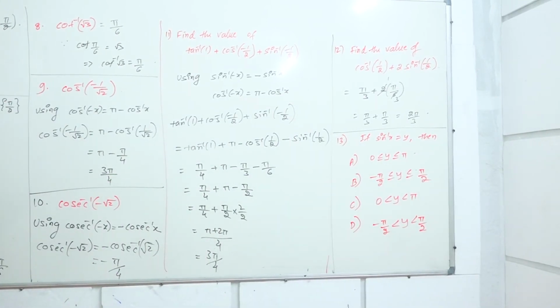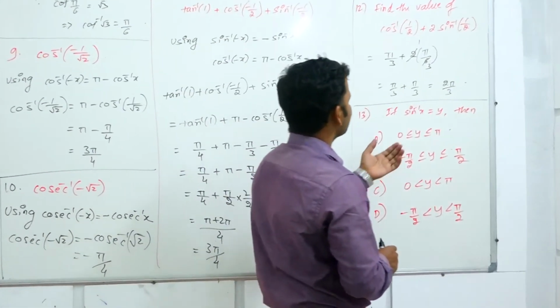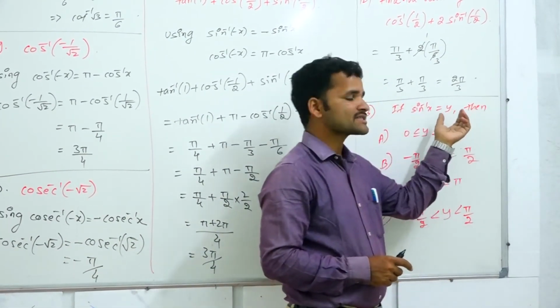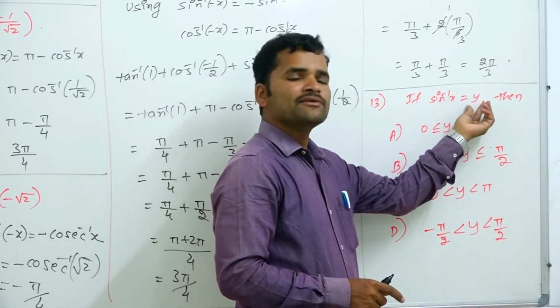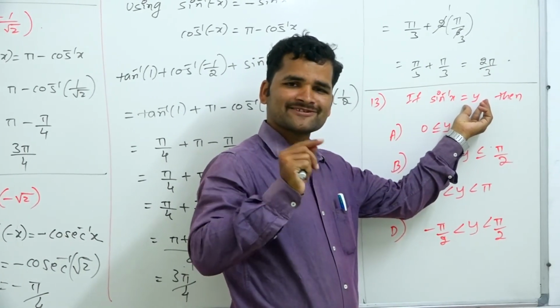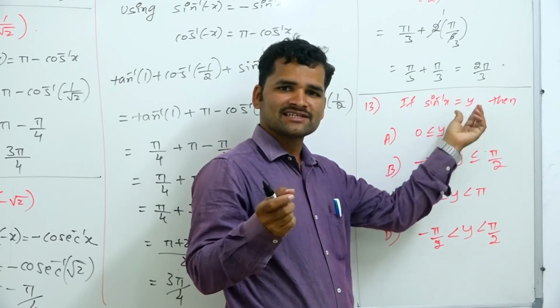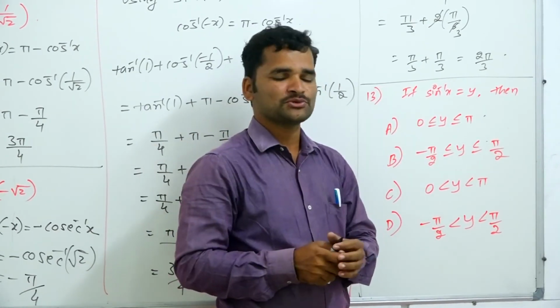See, which one is correct? If sin inverse of x is equal to y, what can that value be? If you substitute these domain values of minus 1 to plus 1 into sin inverse, what values does it give us? It gives us values in the closed interval minus pi by 2 to plus pi by 2.